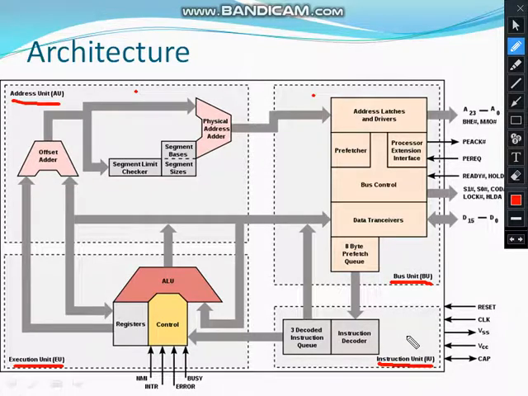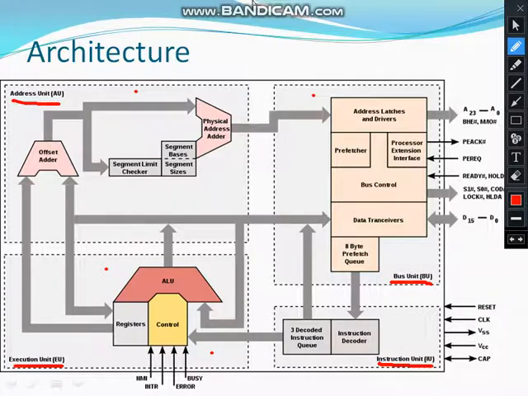The instruction unit is responsible to fetch the instruction, decode it and transfer it to the execution unit. The function of the execution unit is to perform the task according to the program, obtain the result and store it back into either a register or memory.